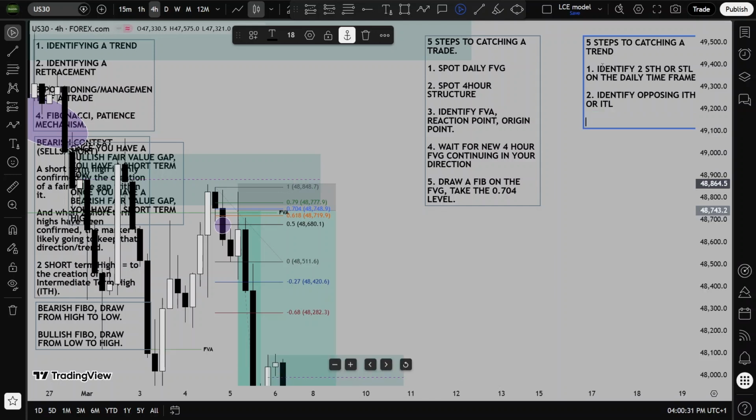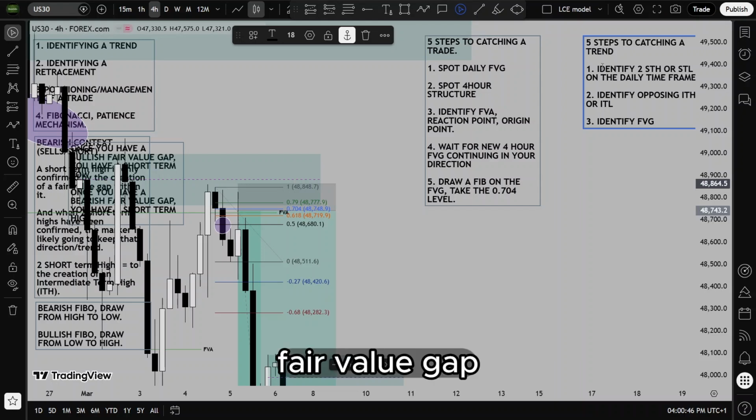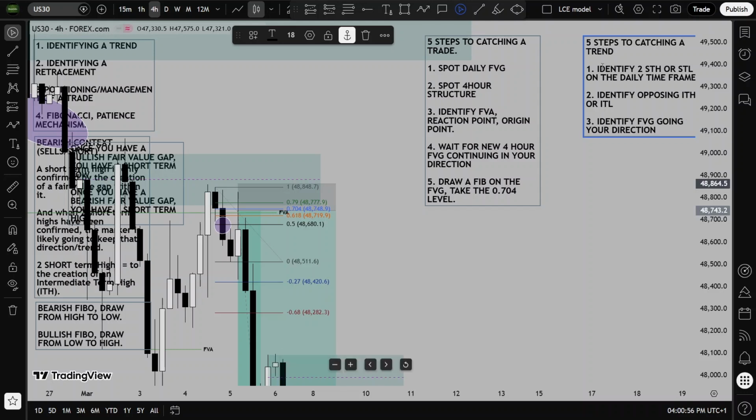Number 3, identify fair value gap, going your direction.